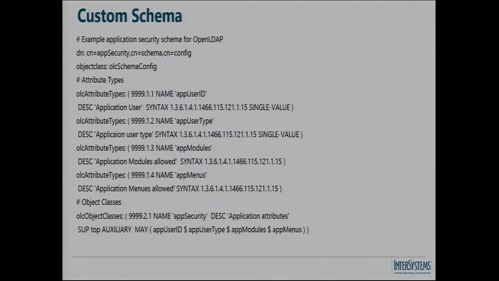Obviously, I did this, but if you go into production with a custom LDAP, you really should take the opportunity to go and register your OIDs. And in the documentation and the links at the end of this presentation, there is a link to where you go to get that, or one of the places you can go to get that. For the purposes of this, I'm never going public with it, so I just made up something that's way outside the possible range of domains.